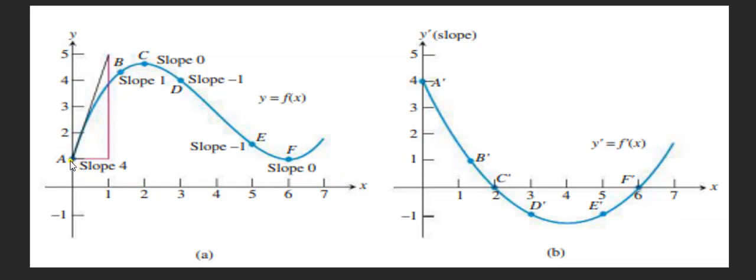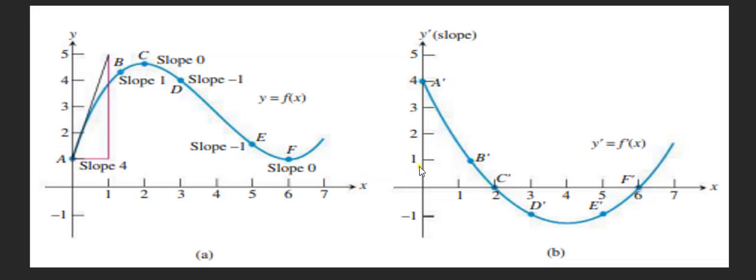Now notice at x equals 0 for y, the slope at 0 is 4, it's given. Obviously the function is increasing, so the slope will be positive.